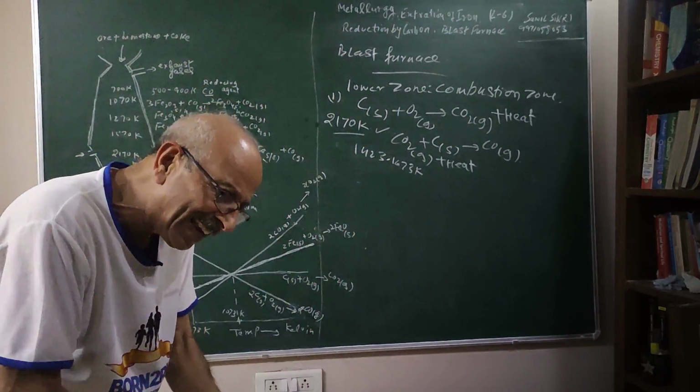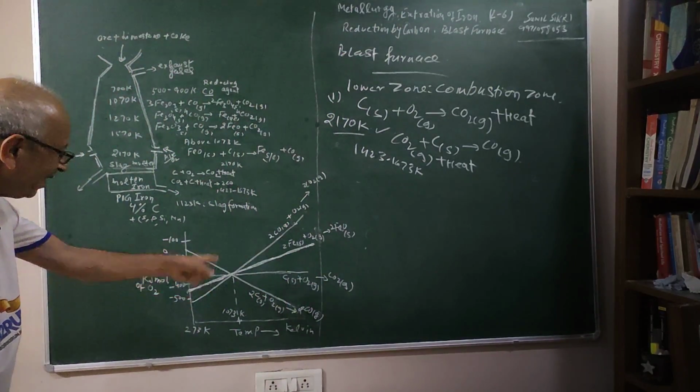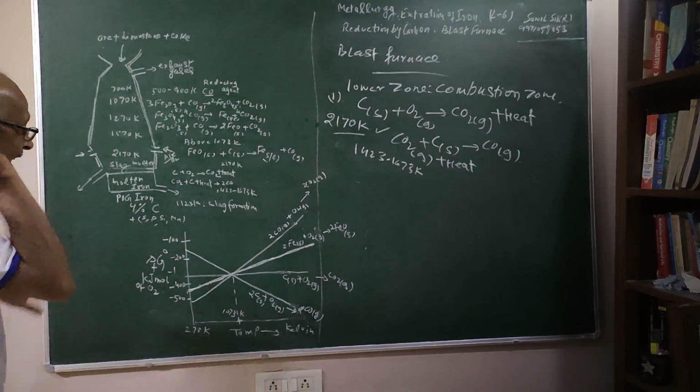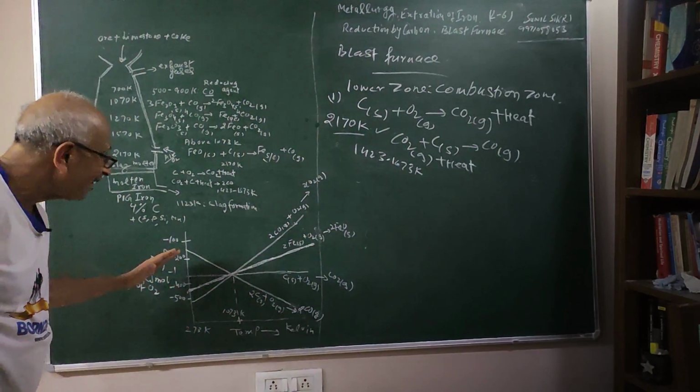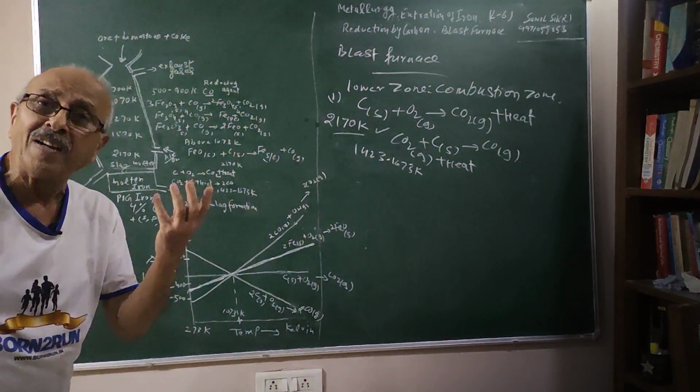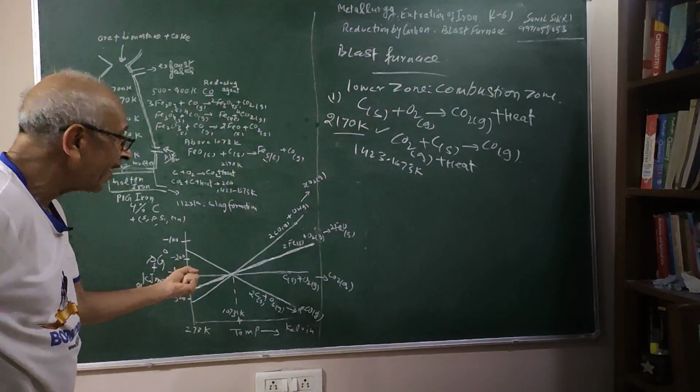Now let us see the Ellingham diagram which I have drawn particularly because this is very important, students. We have already given 2 lectures on the Ellingham diagram, that this diagram helps us in finding the right reducing agent for an oxide.